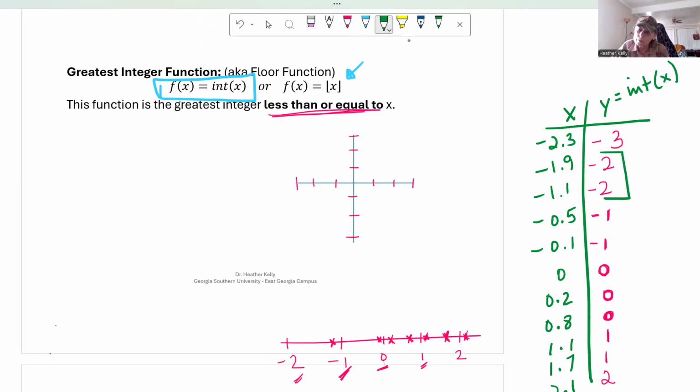So in between -1 and -2, it is -2. And then in between -0.5 and -0.1, it's going to be -1.